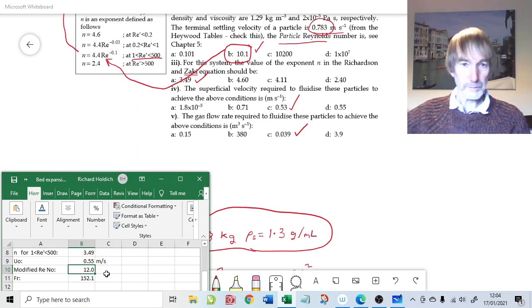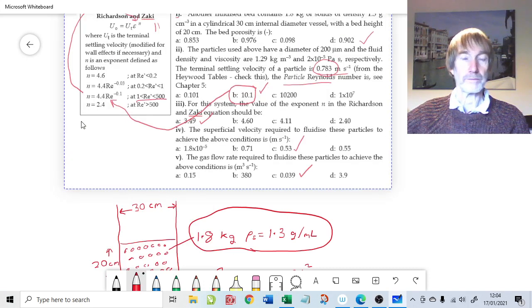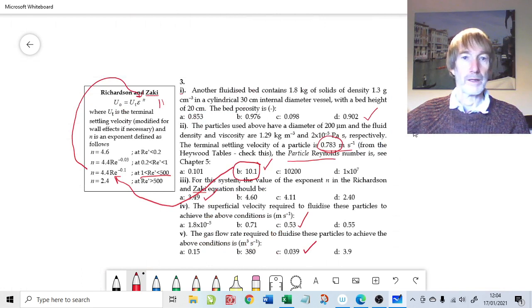Well, okay, the Richardson and Zaki equation that we have just here isn't a streamlined flow equation. It's really just an empirical equation that relates the superficial velocity to the voidage, or 1 minus the solid's concentration.